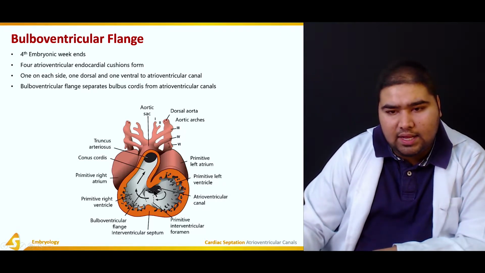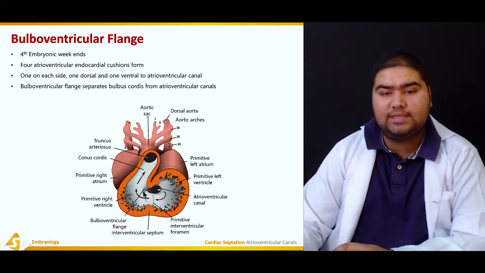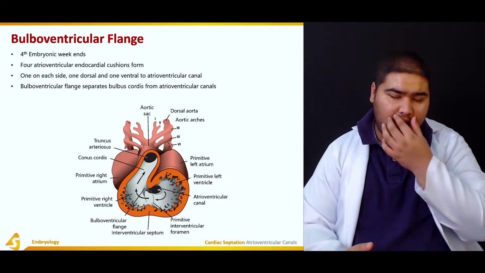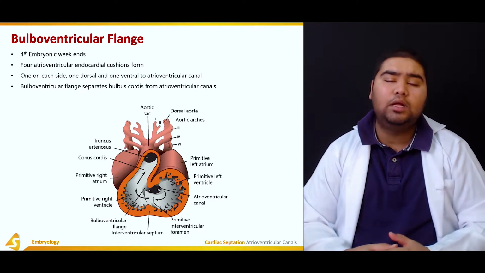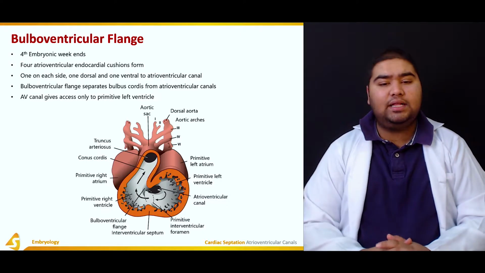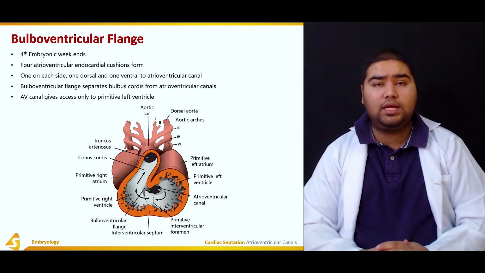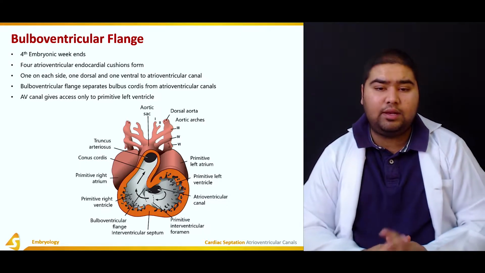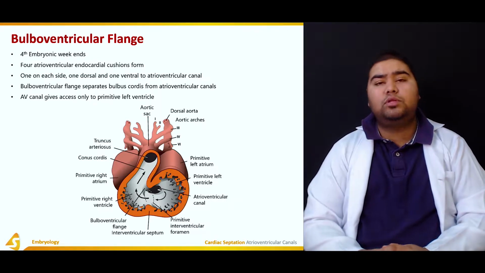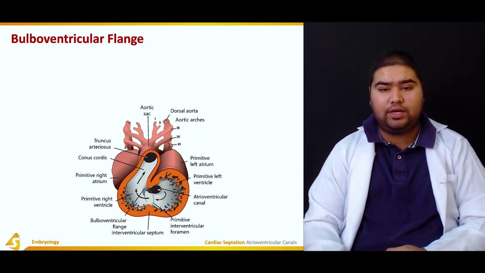These are the AV canals, and this is the bulbus cordis. The flange separates the bulbus cordis, which forms part of the left ventricle and the outflow tracts, from the atrioventricular canals. At this point, the AV canals give access only to the primitive left ventricle.